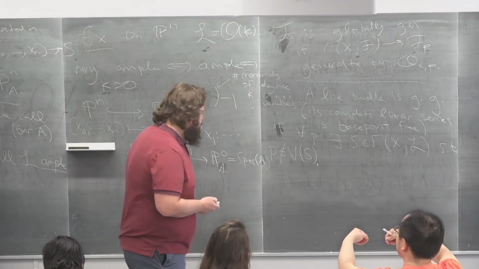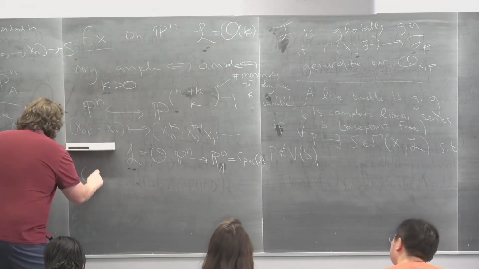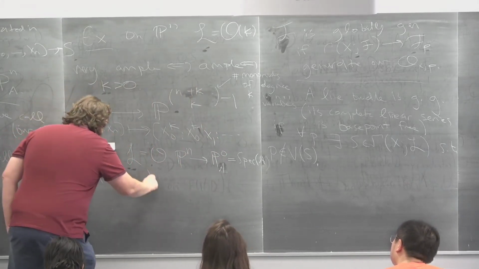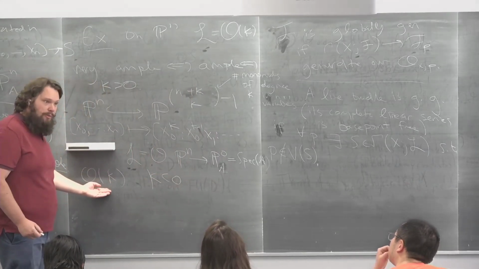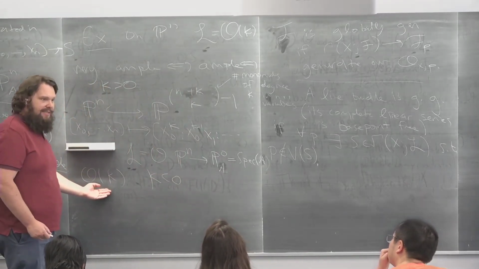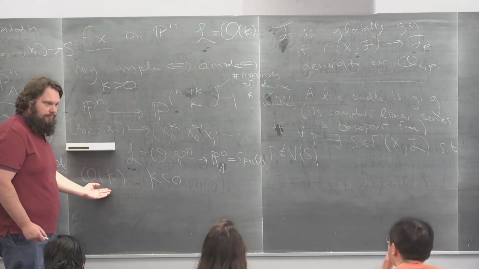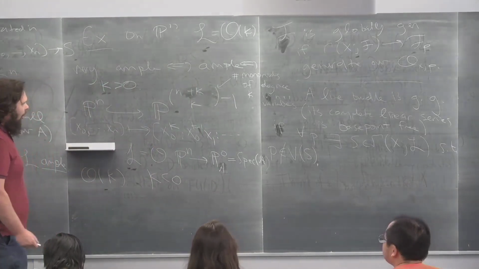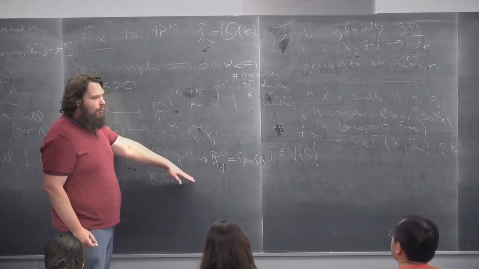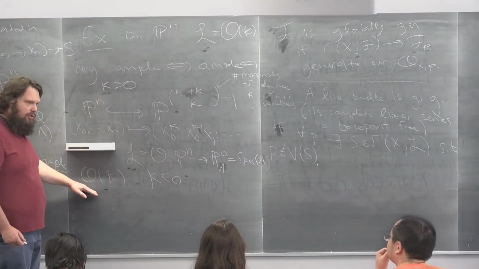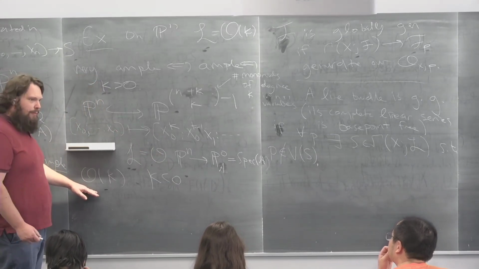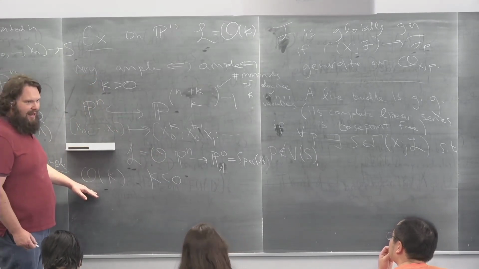Those aren't global sections. So if I take O of K for K negative, this has no non-zero global sections. So obviously, it's not globally generated. I always get a map on the base point free locus, but in this case, all global sections are zero. Every point is a base point, and so I get nothing.